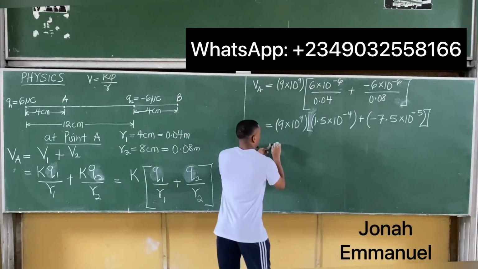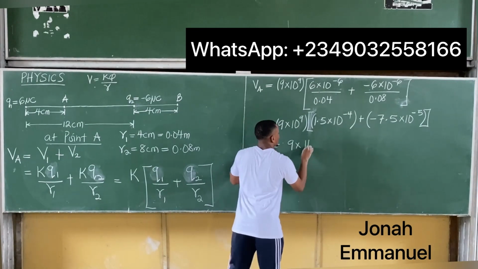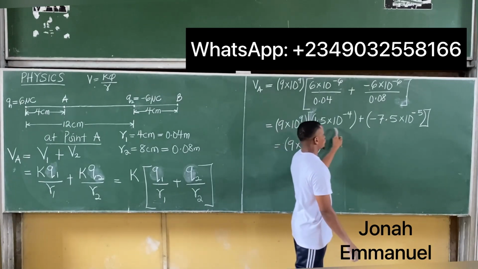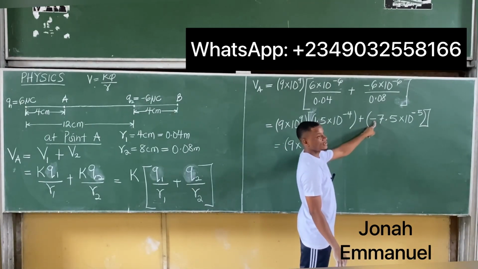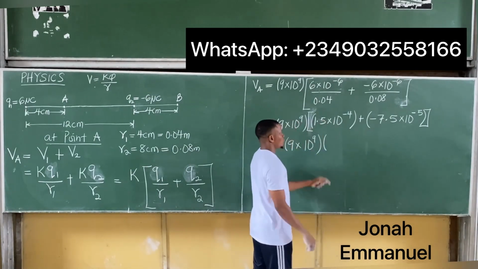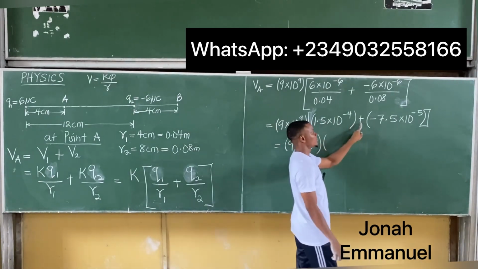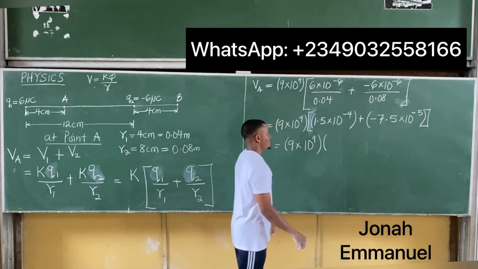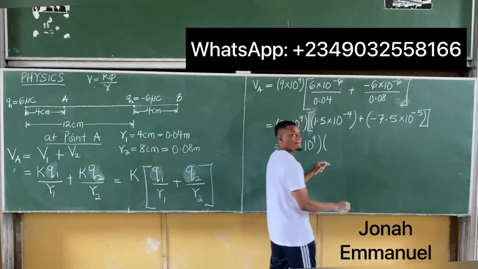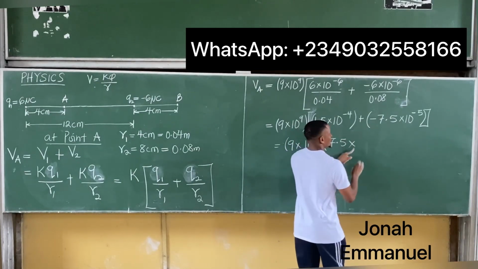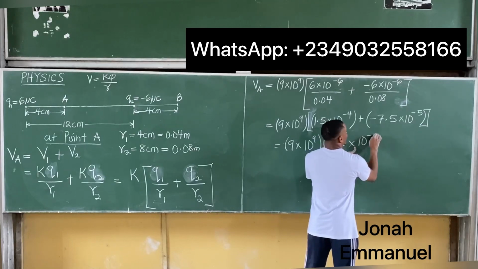So that means this is equal to 9 times 10 to the power 9 into, see if you can punch all of this. Of course, plus minus will be minus. Punch all of this for me. What do you have? So this one in bracket plus, open the bracket, punch this one, close the bracket. What's the final answer, please? 7.5 times 10 to the power minus 5.